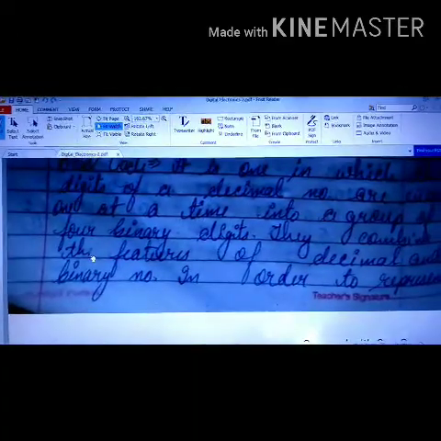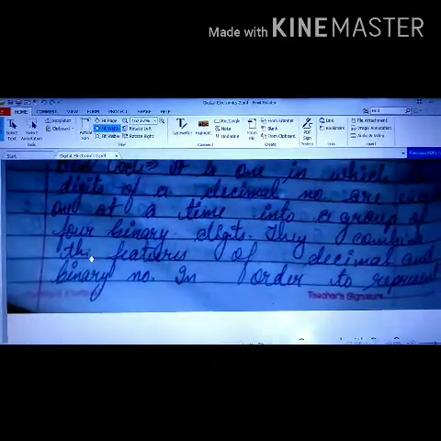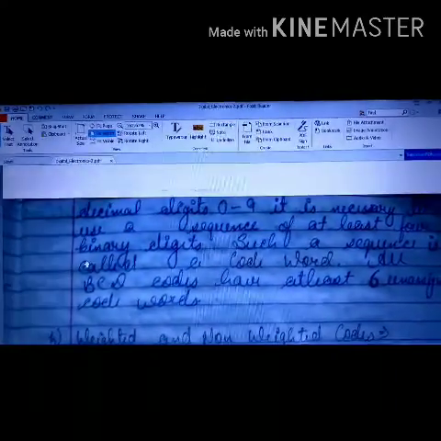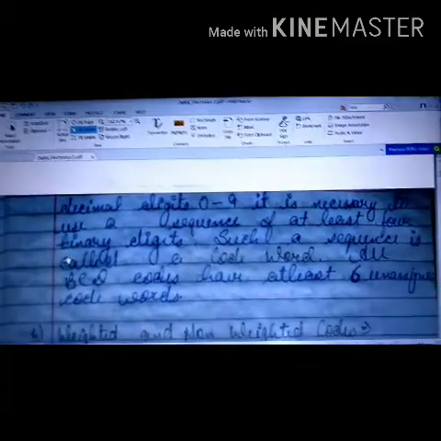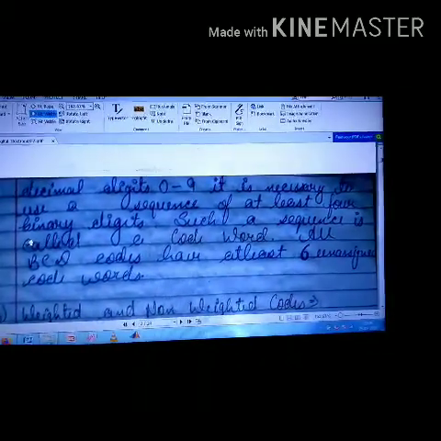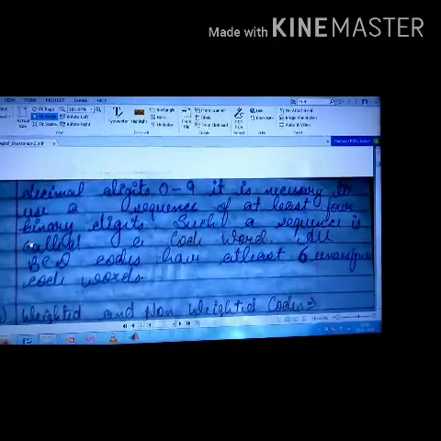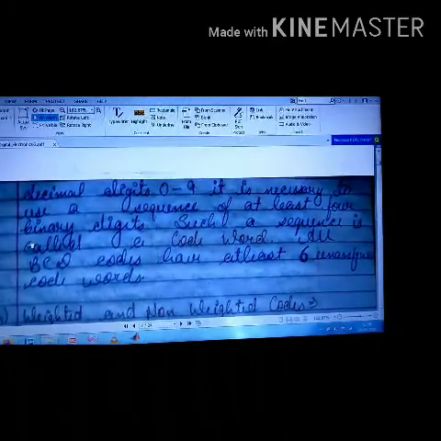Now they combine the features of decimal and binary numbers. In order to represent decimal digits 0 to 9, it is necessary to use a sequence of at least 4 binary digits. Such a sequence is called a code word. All BCD codes have at least 6 unassigned code words.